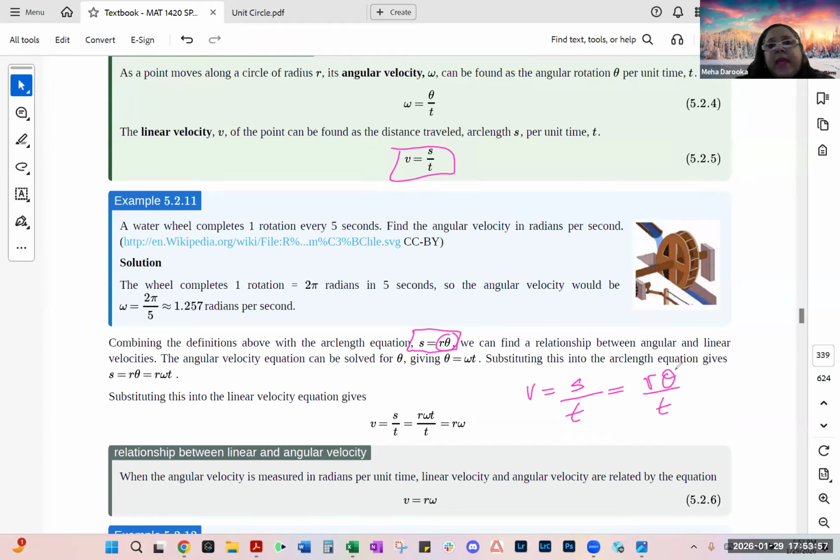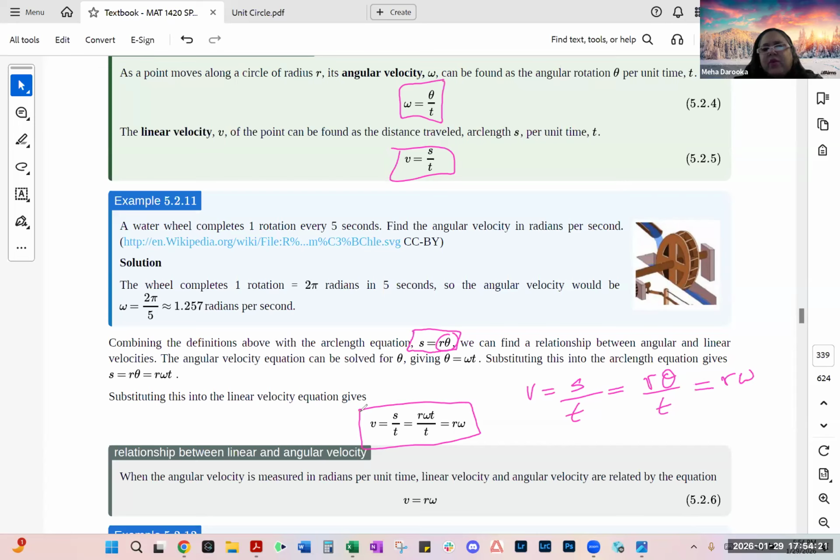But then if you look at the equation of the angular velocity, you will see we define angular velocity as theta over t. So instead of using theta over t, we can replace that with omega, and you get the relationship that they are talking about here.